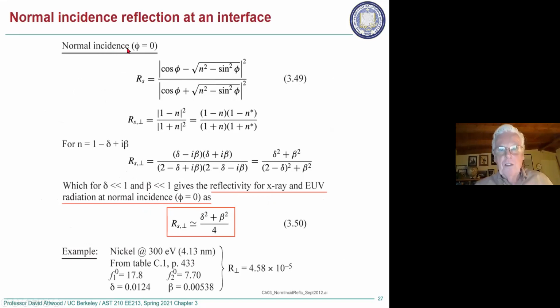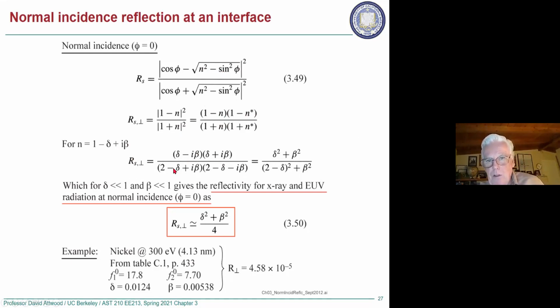For normal incidence, we could have started with either case and we're going to get the same expression. This is what the formula looks like, but this is what it reduces to for normal incidence. And if we put in our refractive index for these n's, one with a conjugate, this is the formula that you get.